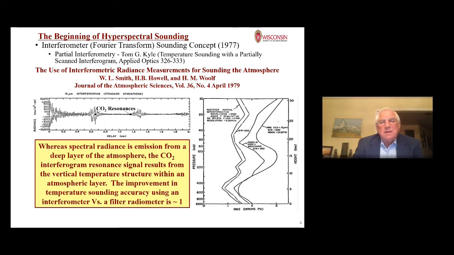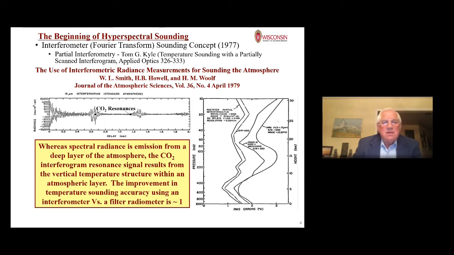But at that time, I was looking for a way to get much higher vertical resolution. And a person by the name of Tom Kyle came and talked to me about an idea that he had about using an interferometer, or a Fourier transform spectrometer, rather than a low resolution spectrometer or filter radiometer like the TOVS was.